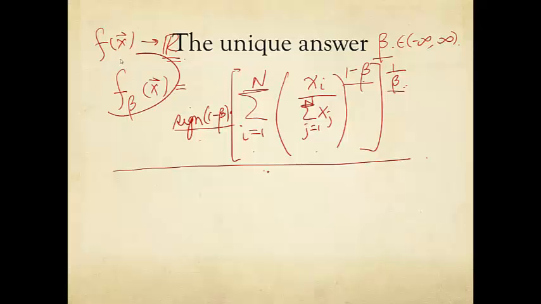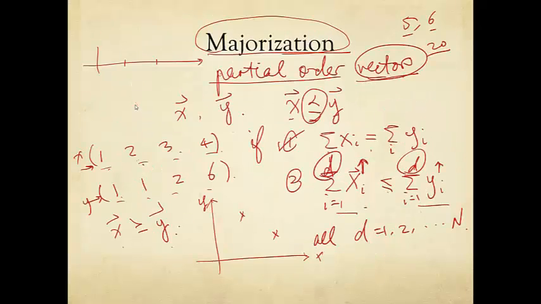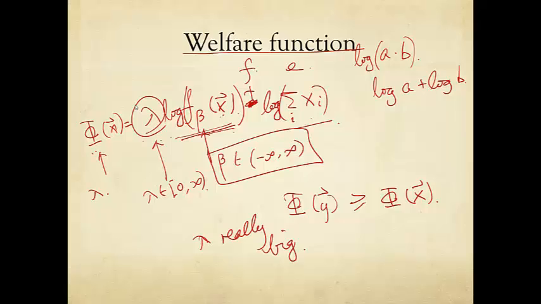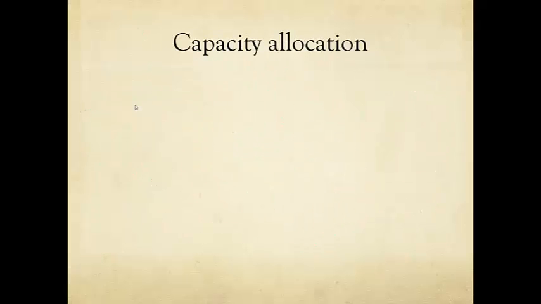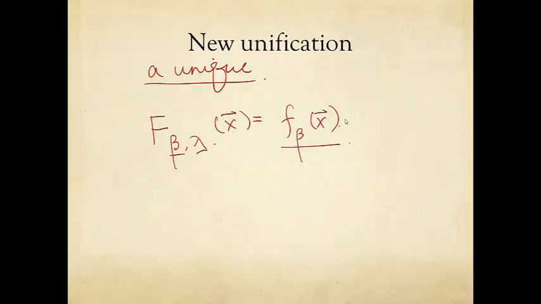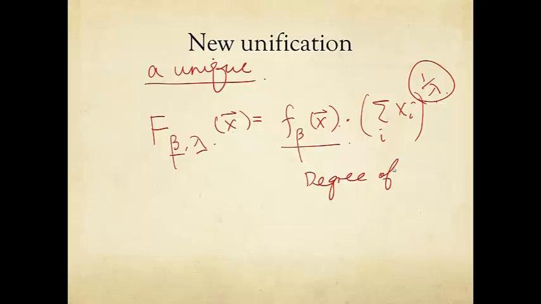This function, this is the original function, where efficiency is not part of the story. It equals that function times the summation of xi, now finally efficiency comes into play, raised to the power of 1 over lambda. Now this 1 over lambda is also called the degree of homogeneity of this function.